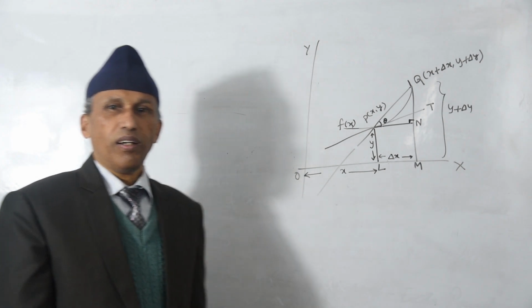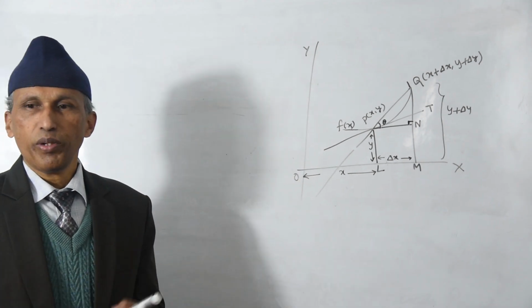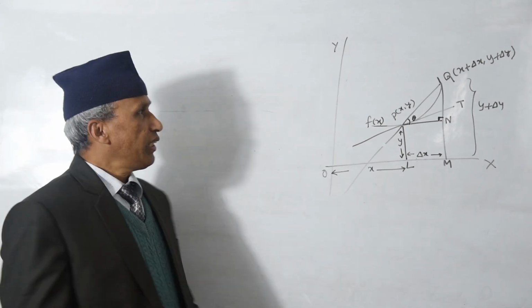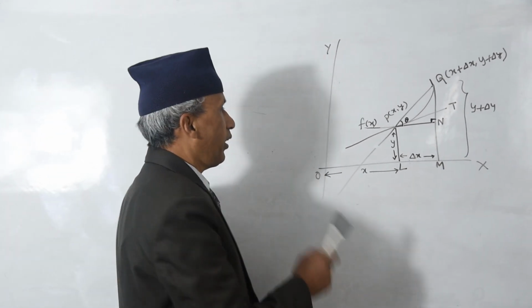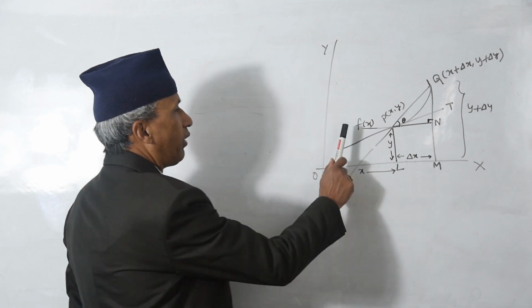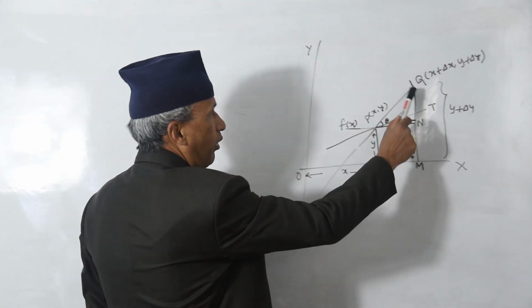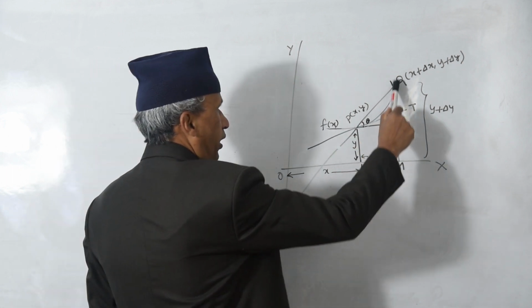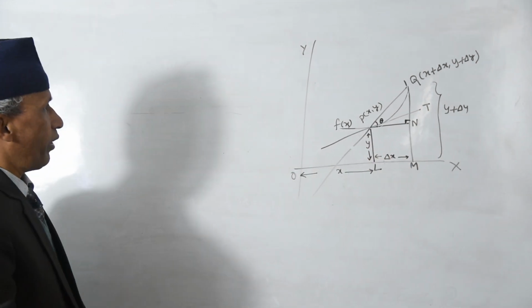Okay, students, now we see what is the geometrical meaning of derivative. Okay, let's say here is a curve. You can see this y is equal to f(x) is a continuous curve. This curve from Q to P. This is a curve, y is equal to f(x).